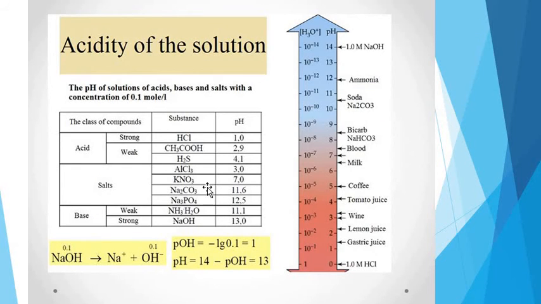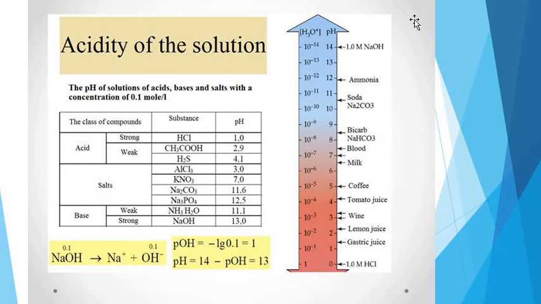There is a table with the pH of the acids and bases, strong acids and weak acids, also the salts. There are also weak and strong bases, and the pH values of these. For example, we find the constant pH value for the strong base, sodium hydroxide, it's 13, and it is seen from the table, it's 13.